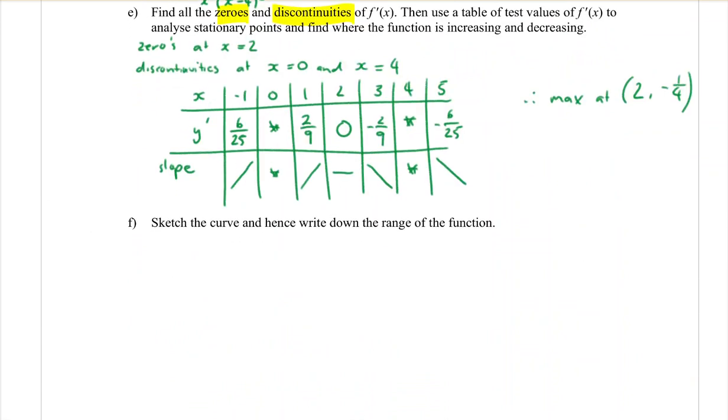We do know as well that the curve, because the gradient is always positive here, is going to be always increasing on the left-hand side of that first asymptote. And negative here means it's always going to be decreasing on that side of the asymptote. So let's make a note of that. It's increasing when x is less than 2, because actually increasing there and there, with the exception of that asymptote, that one broken point.